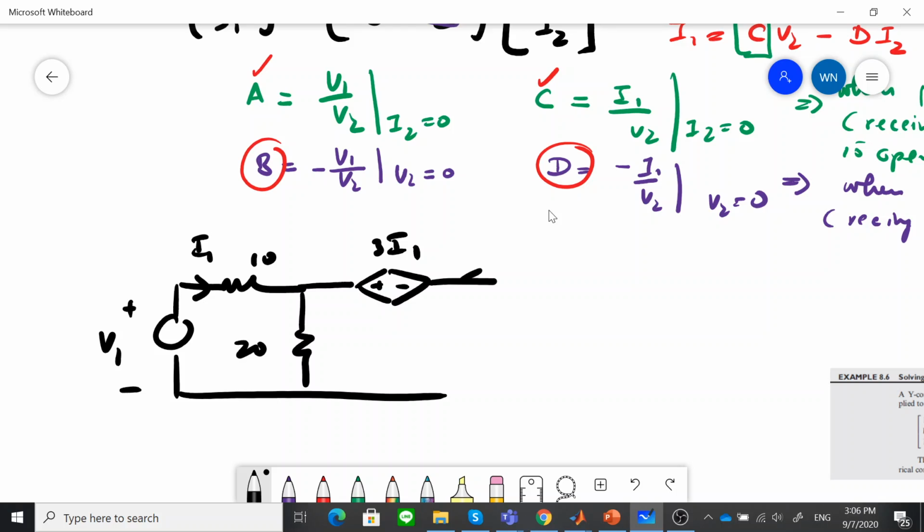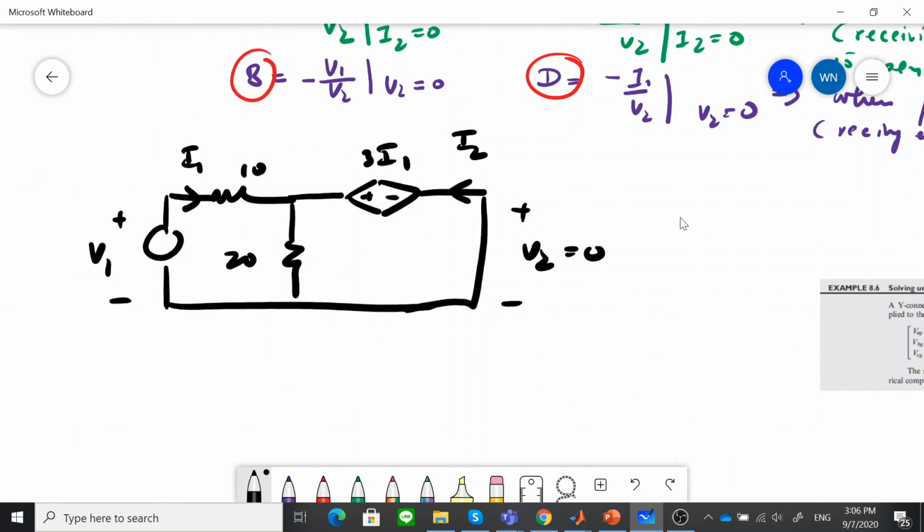In this case, I2 is here, and this is a short circuit, so V2 is 0, and I2 is flowing in this direction from right to left. So we are interested in the ratio of V1 and I1 to I2.